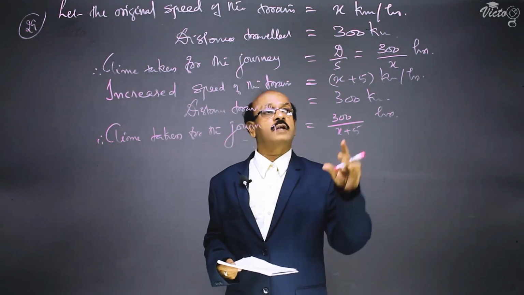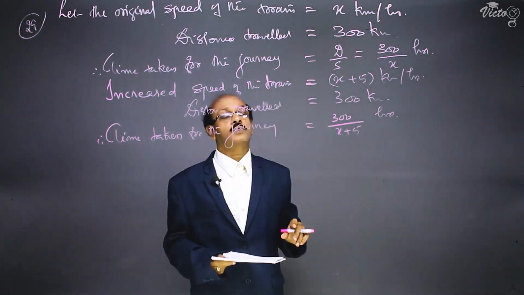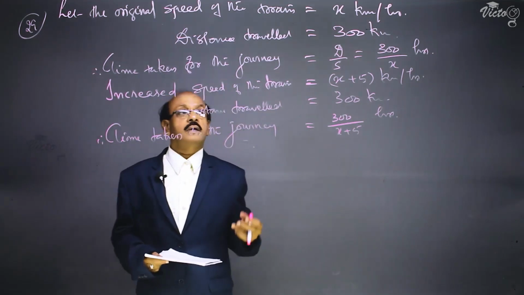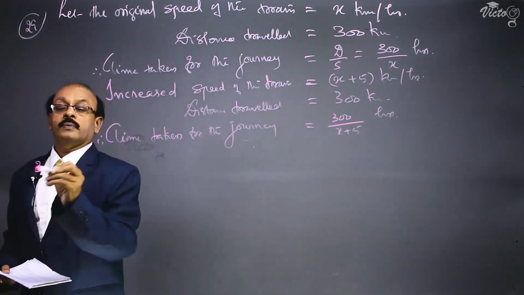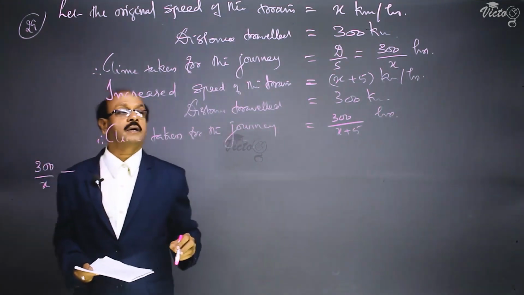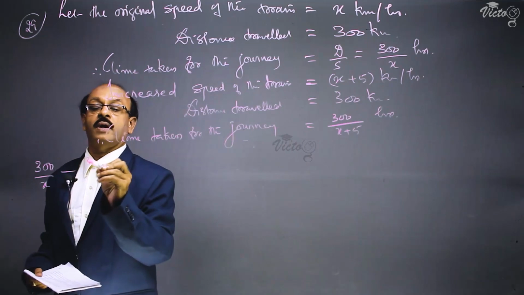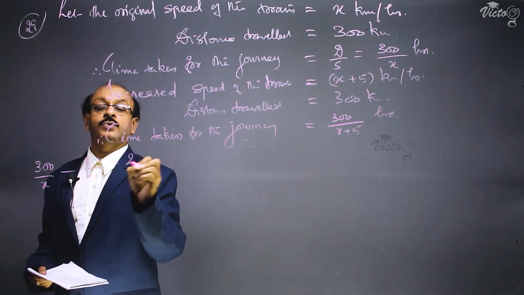That means the difference between the two times is always 2 hours. So we can form an equation: 300 by x minus 300 divided by x plus 5 is equal to 2.